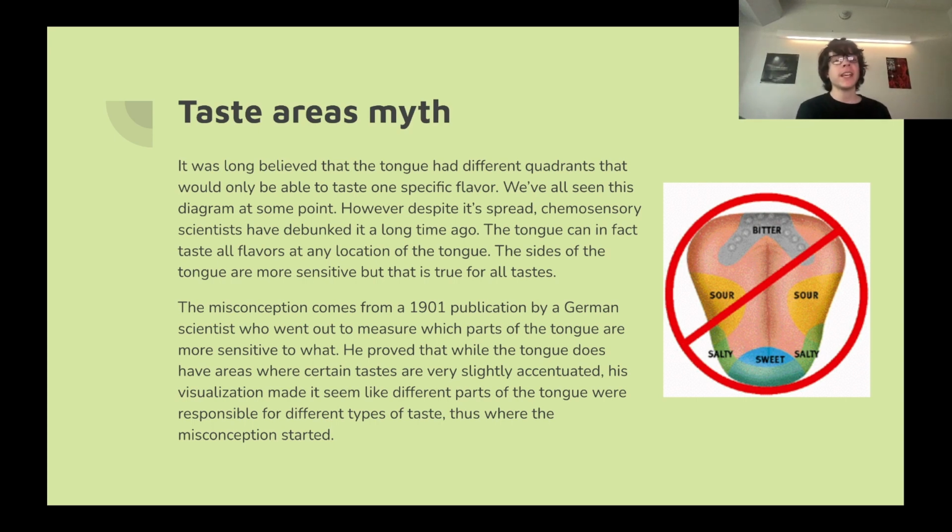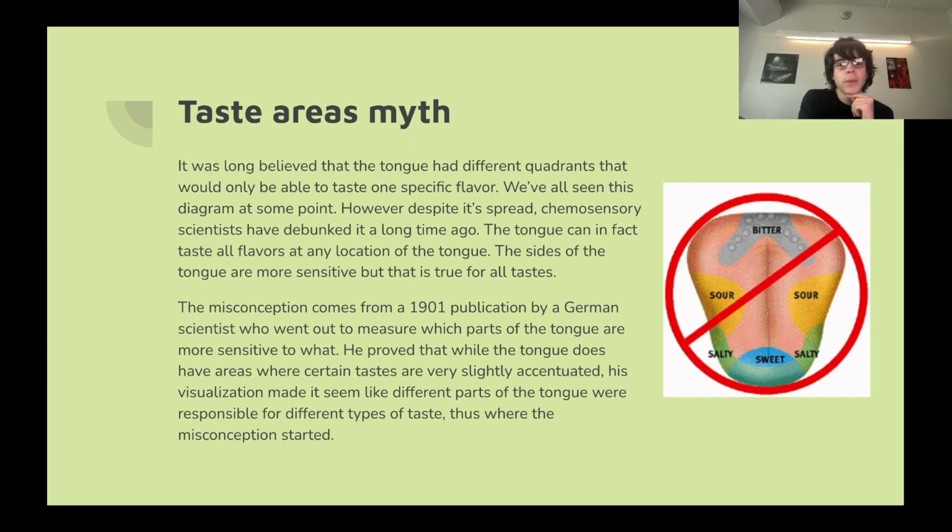The tongue can, in fact, taste all flavors at any location. It's not quadranted off into little sections. Despite that, the sides of the tongue are more sensitive to specific tastes, but that's true for all the tastes.